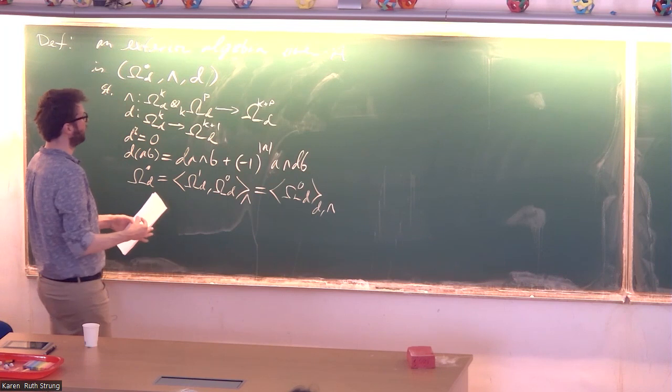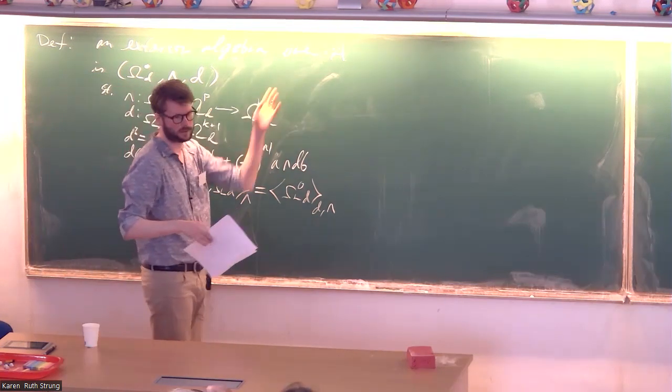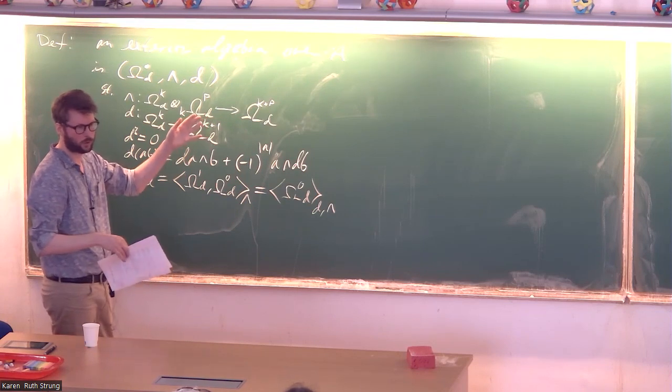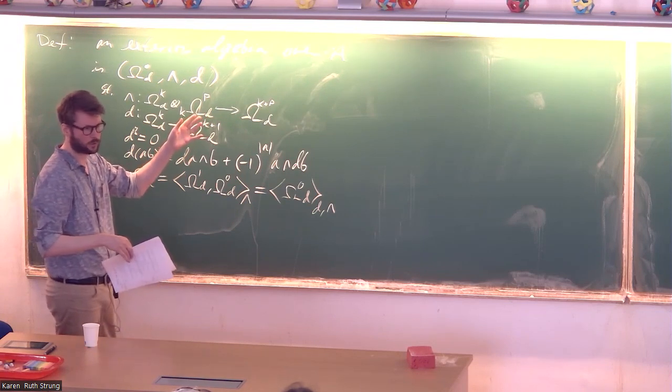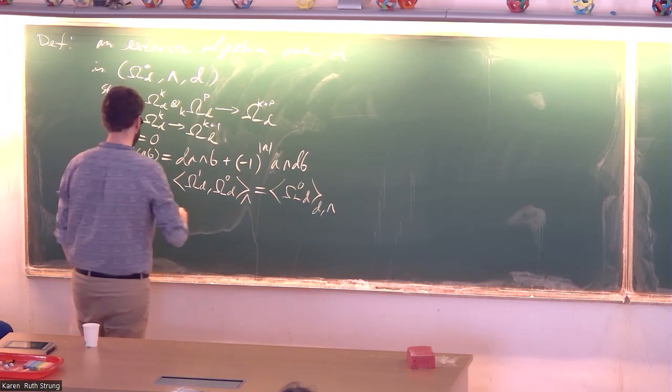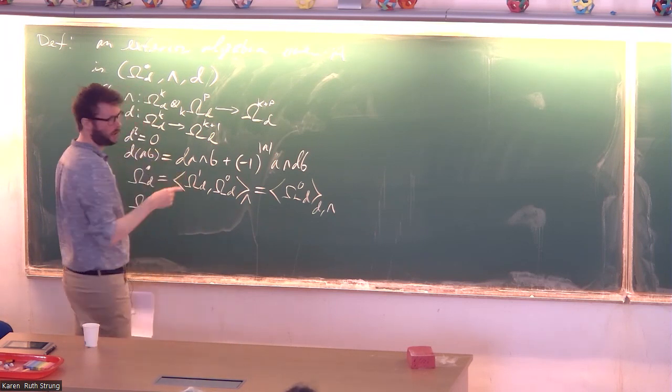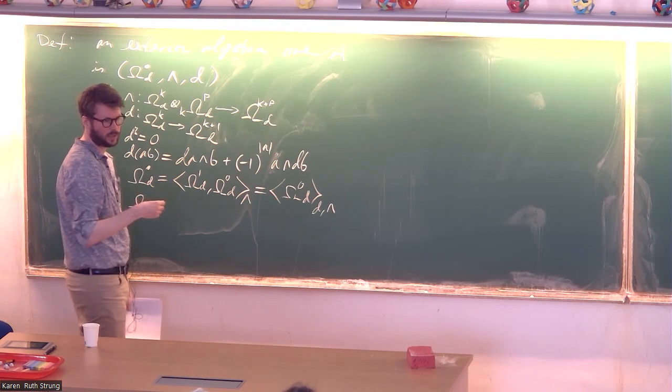And lastly, to say that it's over the algebra A, I mean, this is just an abstract exterior algebra at the moment, no mention of A, but to be over A, the zero graded component should be A itself. And the wedge in degree 0 would just be the algebra product of A.